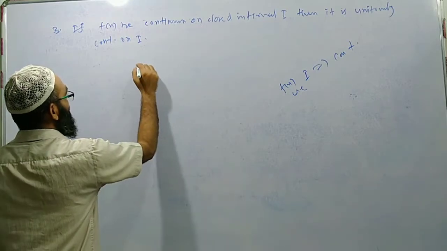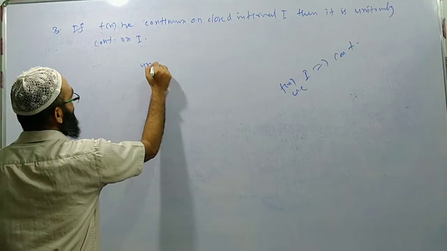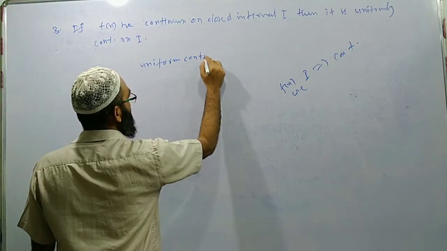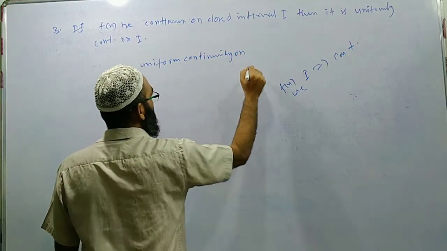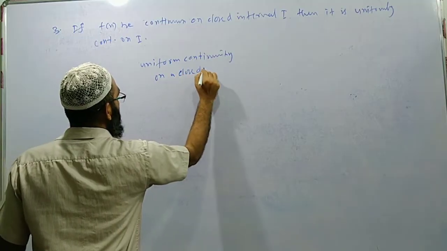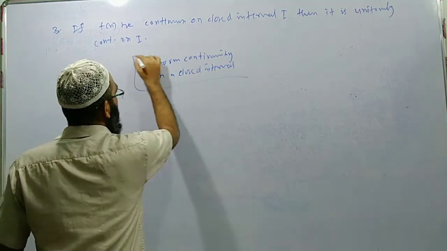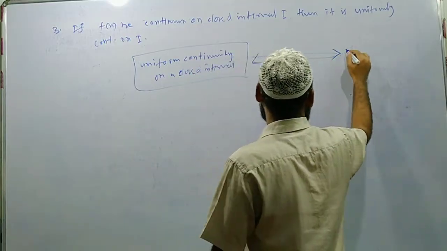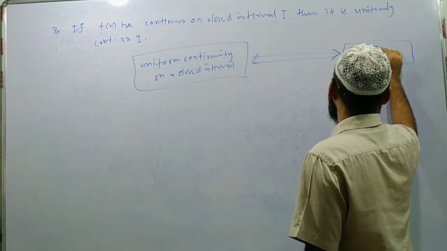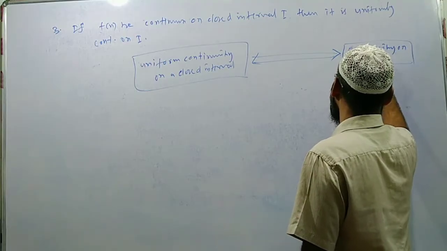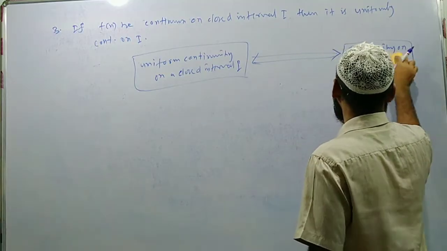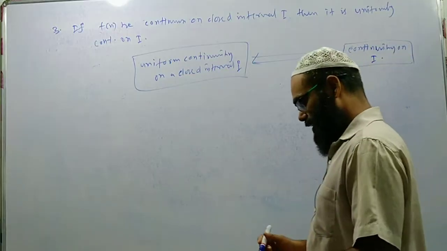So combining result 2 and result 3, we can say that uniform continuity on a closed interval I both implies continuity on that interval. So this is also an important result.